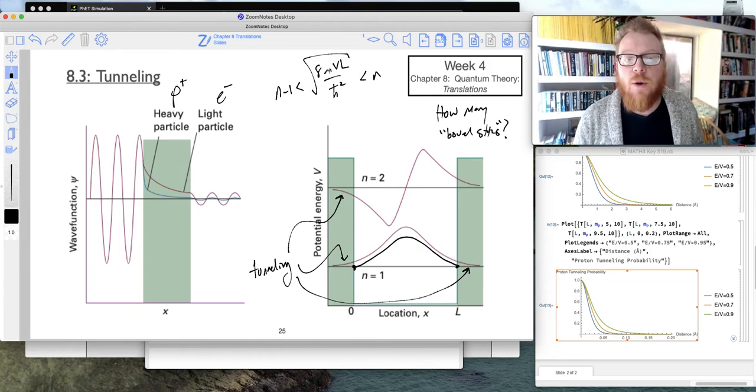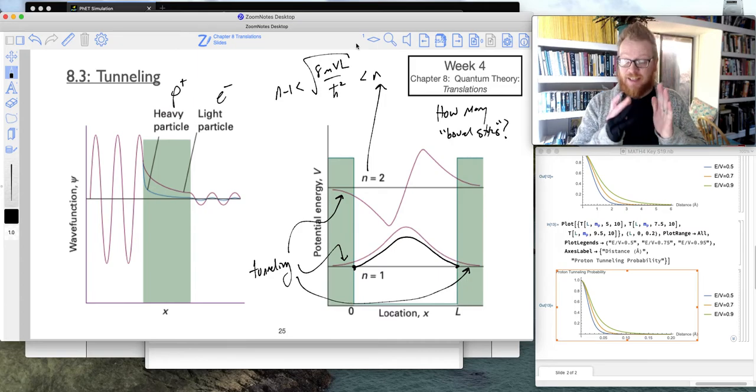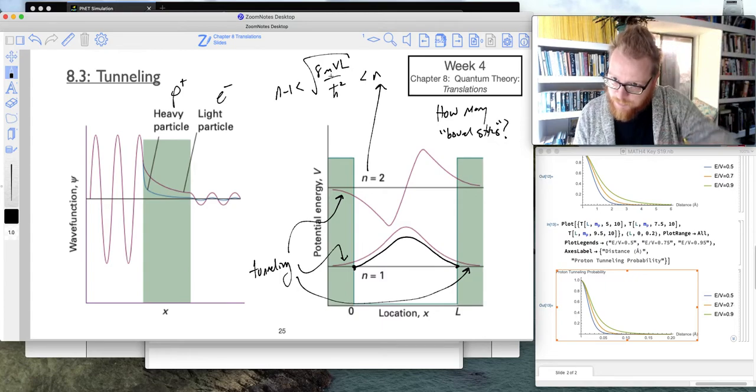And what's important to note about this relation here, what this predicts, is you can see now the number of bound states, that's n, okay? It will increase as the length of the box gets wider, and it will also increase as the depth of the well gets bigger.